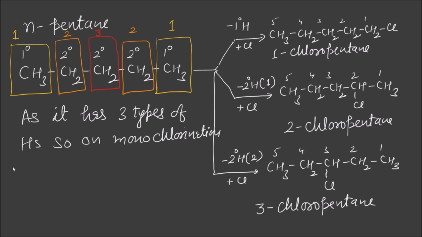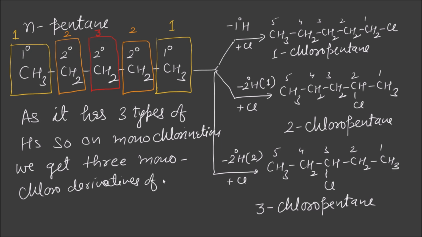On monochlorination we get 3 monochloro derivatives of pentane, right? So normal pentane will give 3 monochloro derivatives. Now isopentane. Isopentane is CH3, CH, CH3, CH2, CH3.